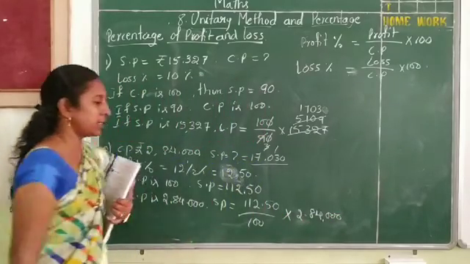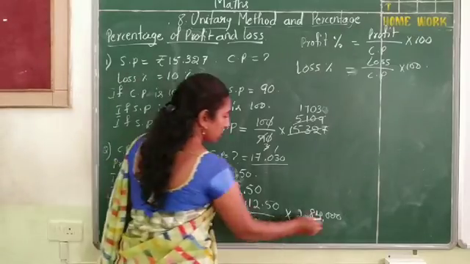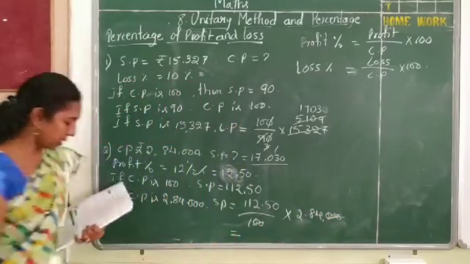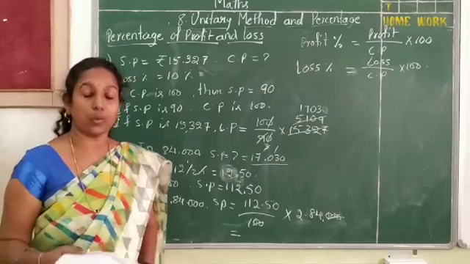If you do the cancellation and multiply, you will get the answer. This is how you have to solve.